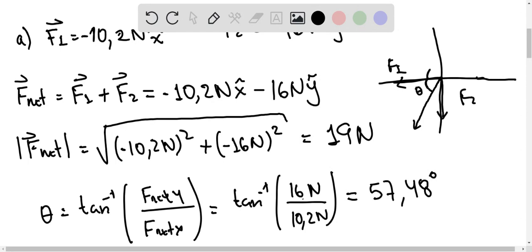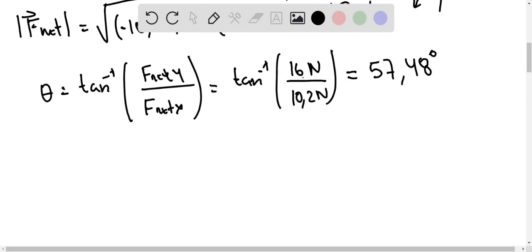If we want the angle with respect to the positive x-axis, we need to add 180 degrees.